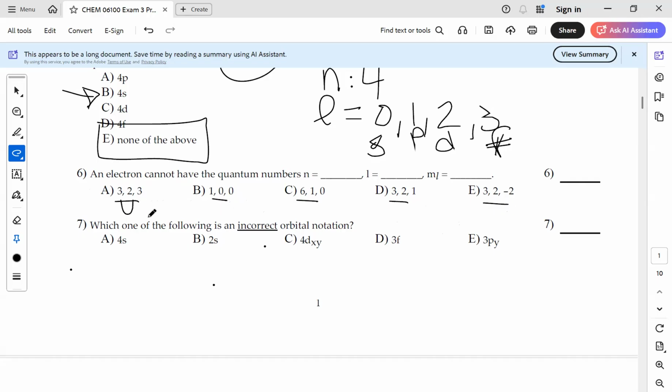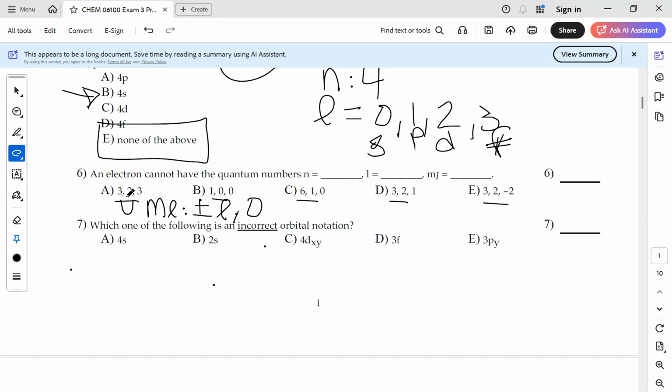Remember the M sub L, the rule for that is that it can be all positive or negative values of L, including 0. So if you have an L of 0, for example, you can only have an M sub L of 0. But if I had an L of 1, I could have -1, 0, or 1.